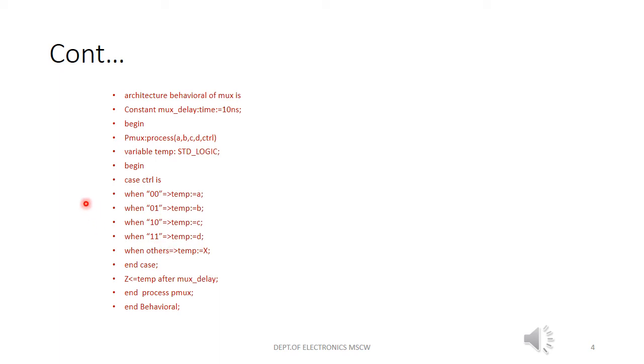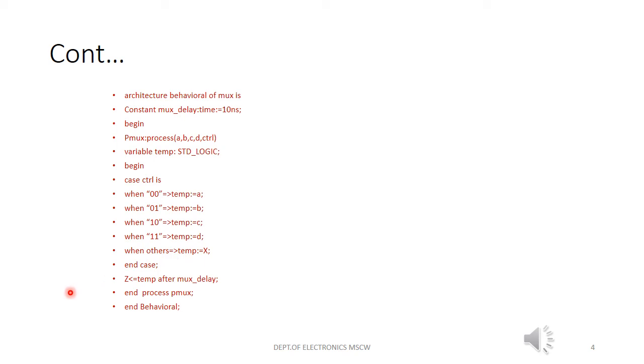If I have selected something other than these, then what to do? You select any of the undefined outputs, which are also present in the libraries. It displays that you have selected something other than the choices. This is called branch 1, branch 2, branch 3 and branch 4, and this is the when others branch, and end case.